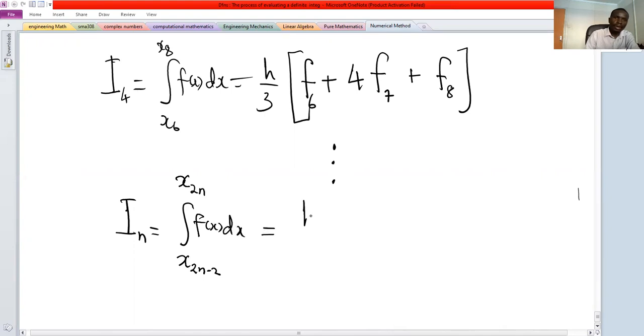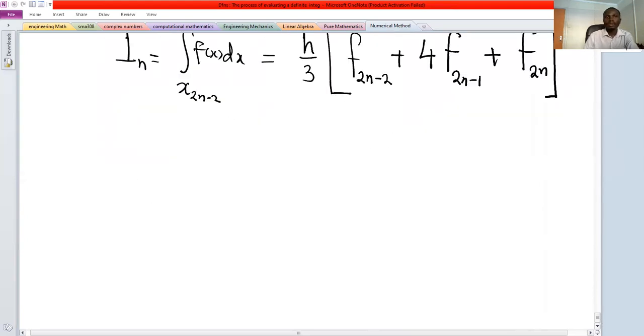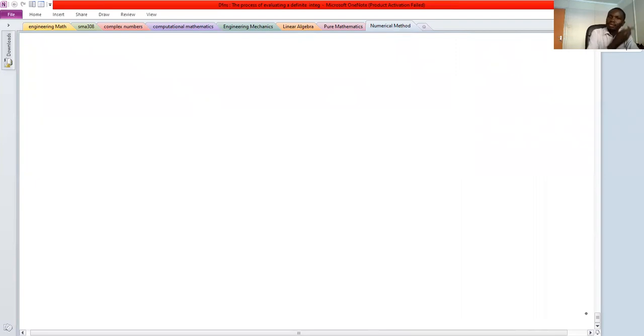And this will be given by h over 3 into f 2n minus 2 plus 4 f of 2n minus 1 plus f of 2n. So that's the general formula for finding the area for 2 strips.